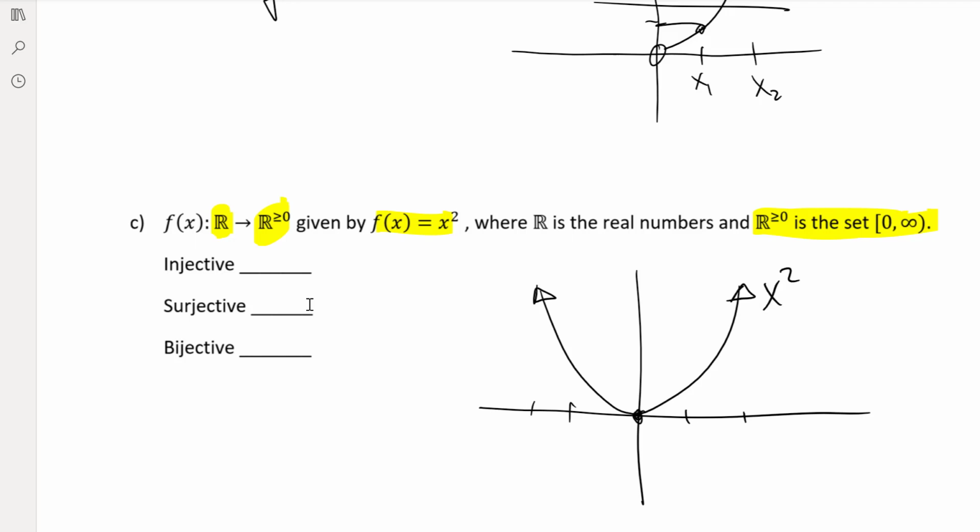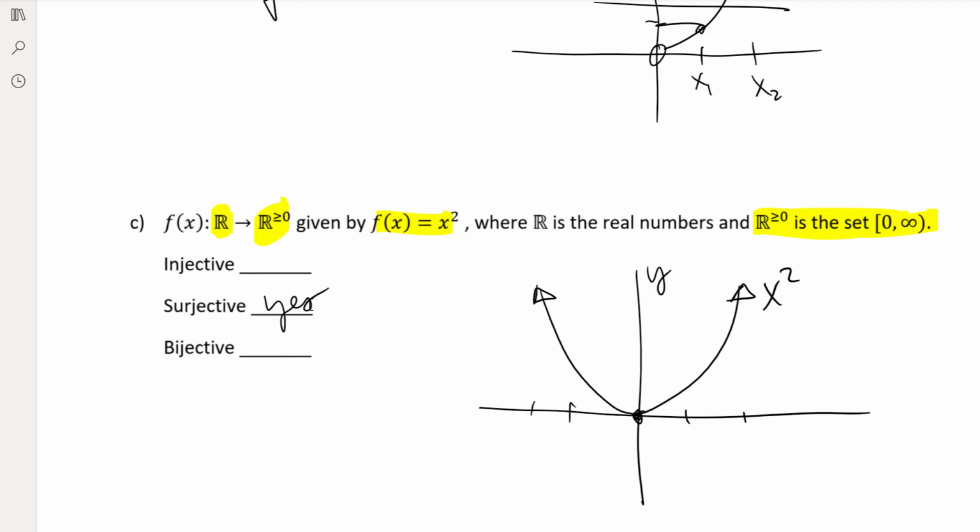So the range is exactly everything from 0 on. So yes, this is surjective because we get every value from 0 to infinity as a result. You pick any value from 0 to infinity, and there will be an x that will produce that value.